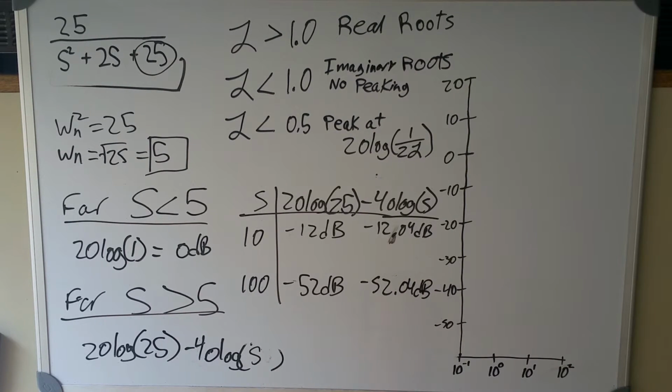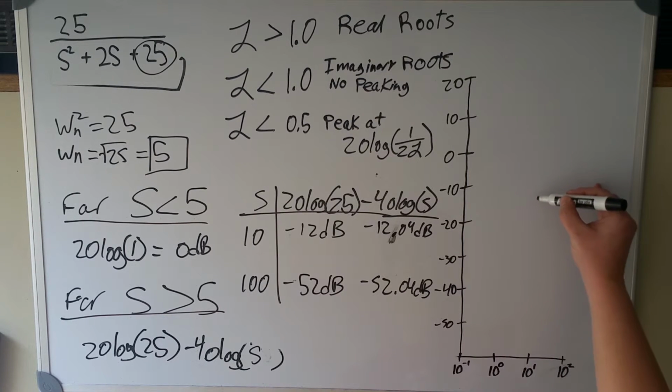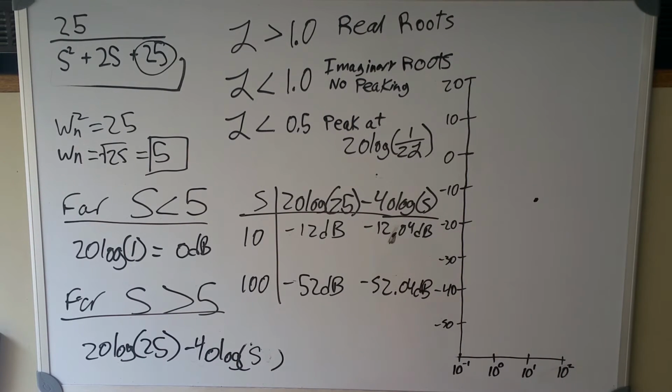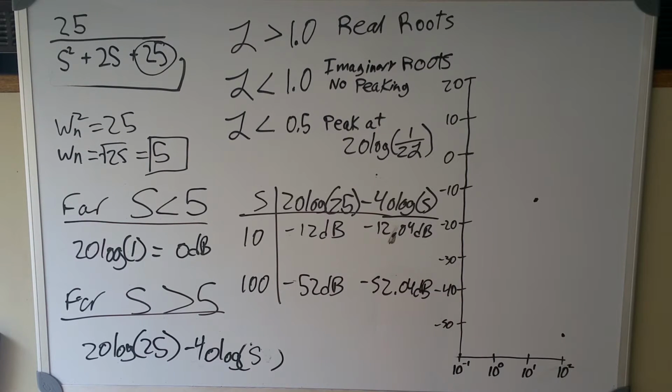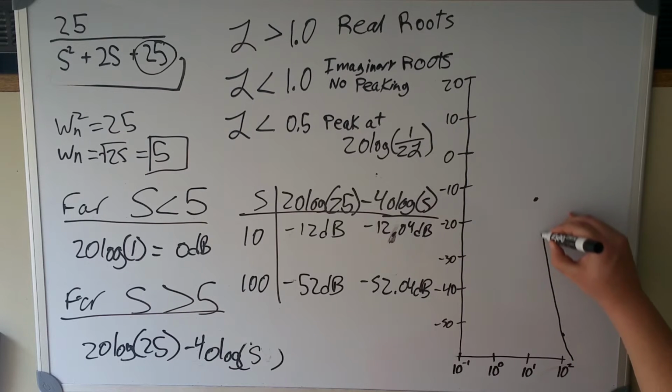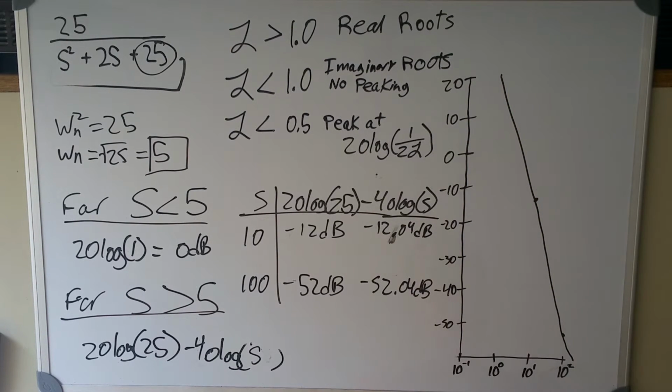We know at 10, we'll be at negative 12, so 10, negative 12, and 100, negative 52. And that will give us the straight line here. We can just extend that all the way up.